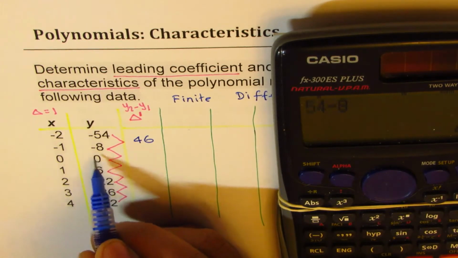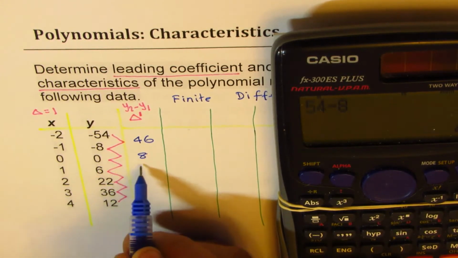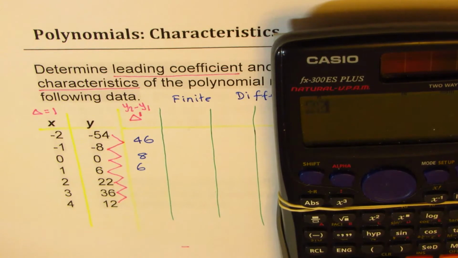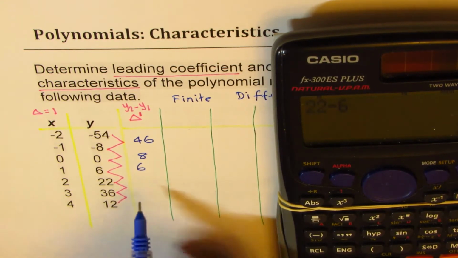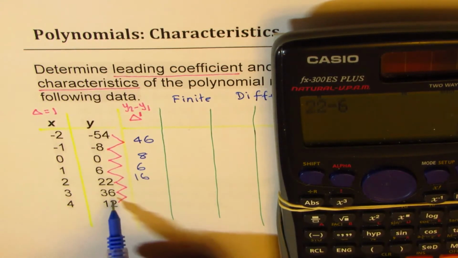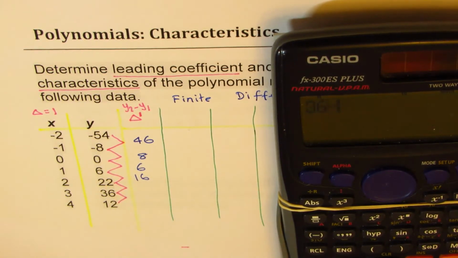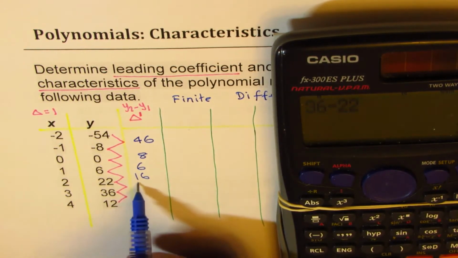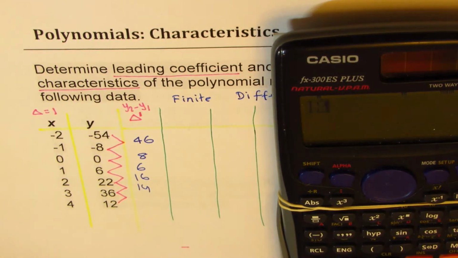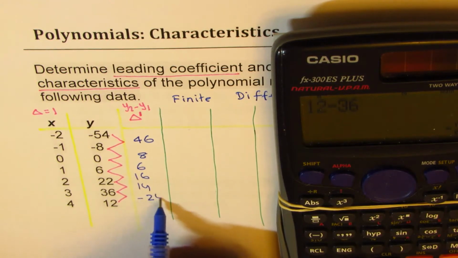Now let me do 0 minus 8, it will be 8. 6 minus 0 is 6. 22 minus 6 is 16. Truly speaking, I'm doing 36 minus 22, which is 14. And then we have 12 minus 36, which is minus 24.